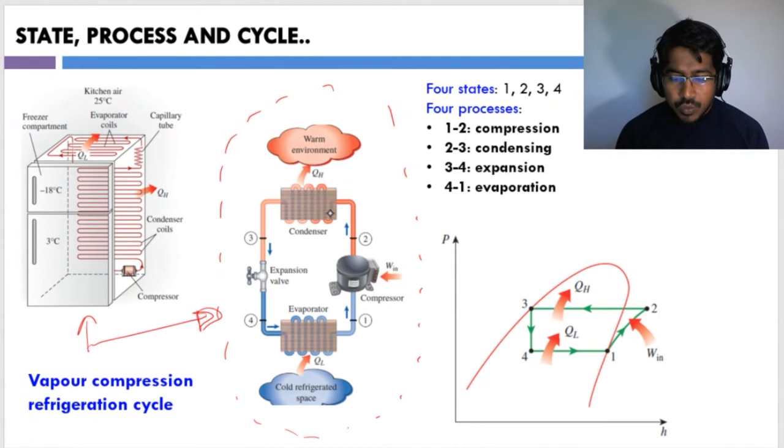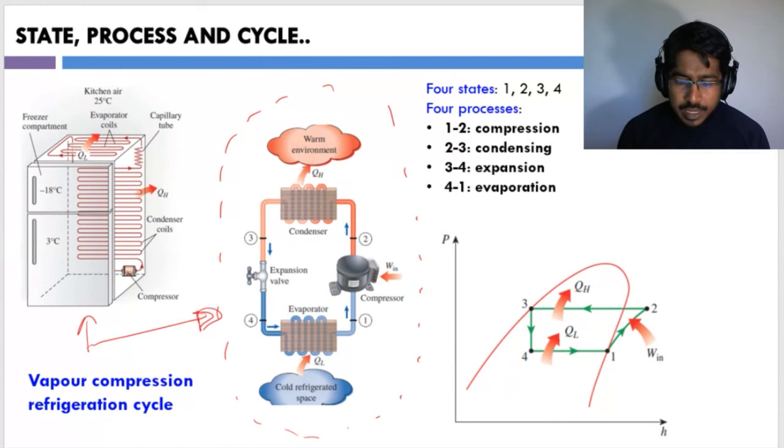With that, we send it to the condenser. With the higher temperature of the fluid now, it can dissipate that heat into the surroundings, which is our kitchen area or living area, wherever our refrigerator is placed. After doing that, it drops in temperature because the condenser removed some energy from the refrigerant.